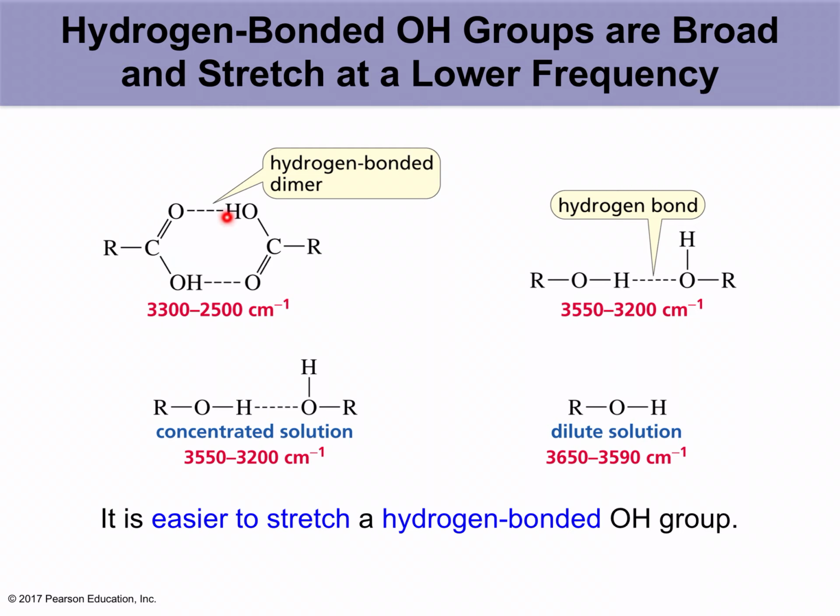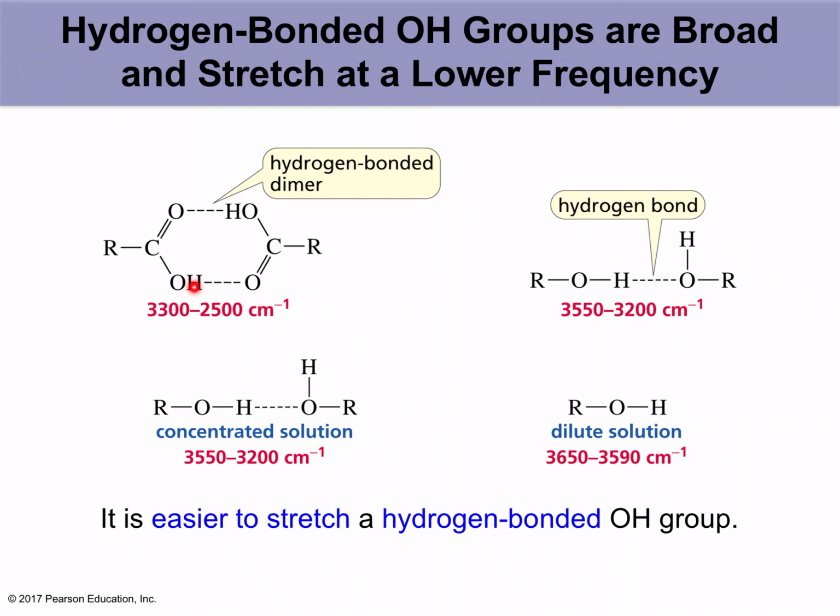Now, due to this hydrogen bonding, what happened to the strength of the OH bond? Increase or decrease? Now, this oxygen is pulling this hydrogen towards it. This oxygen is pulling this hydrogen towards it. So, as a result, the strength of the oxygen-hydrogen bond decreases.